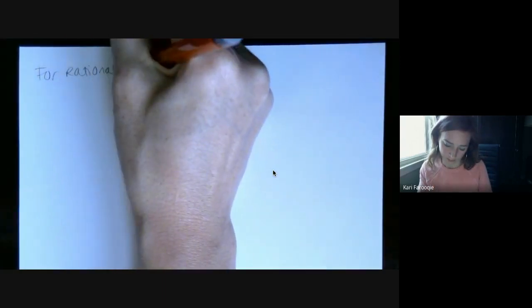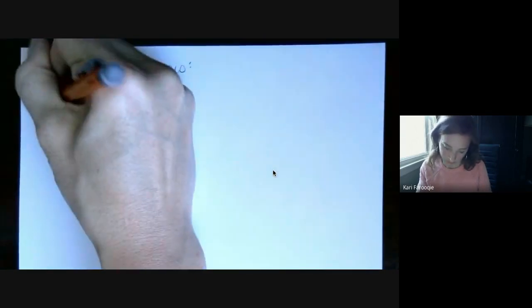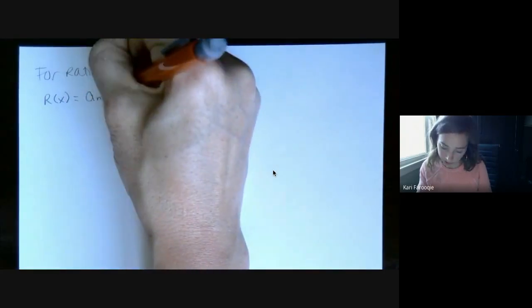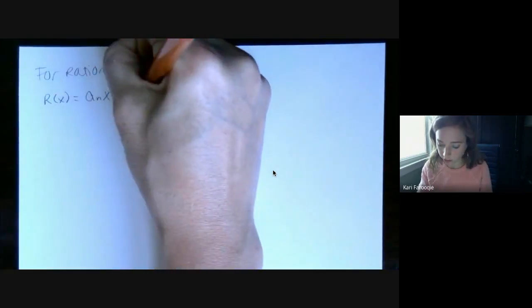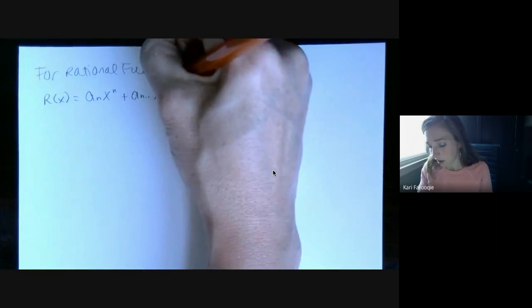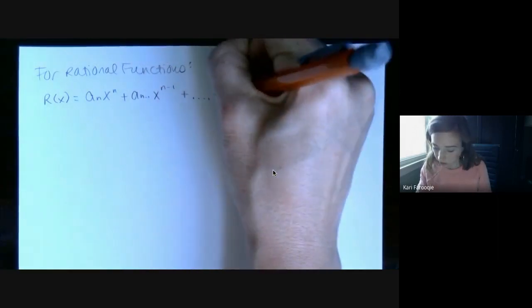All right, so for rational functions, we can call this R of x. So this is just me writing up officially a polynomial divided by a polynomial. A sub n minus 1 times x to the n minus 1, so on and so forth until we get to a sub 1 x and a sub naught.